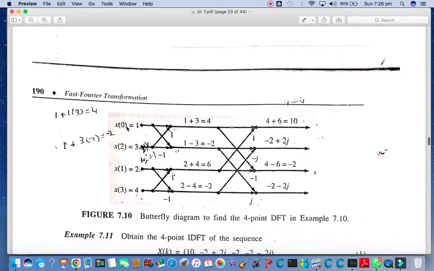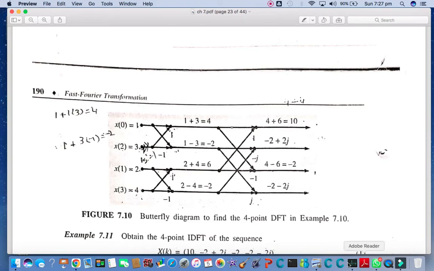So we put the samples x0, x1, x2, x3 over here, and we put dots, and we have twiddle factor 0, twiddle factor 2, twiddle factor 0, twiddle factor 2 values over here, and we have twiddle factor 0, twiddle factor 1, twiddle factor 2 and twiddle factor 3 values.